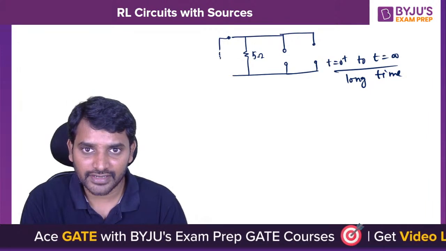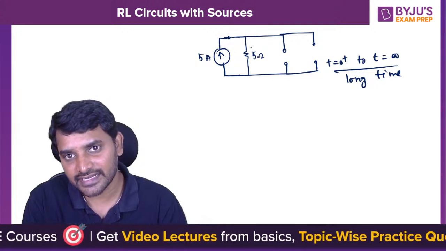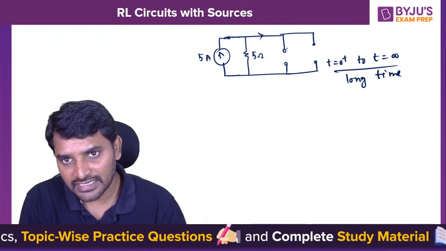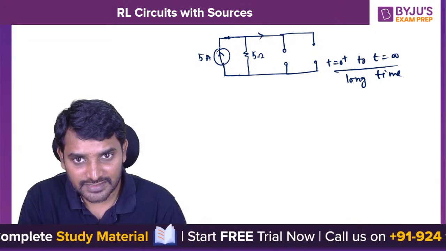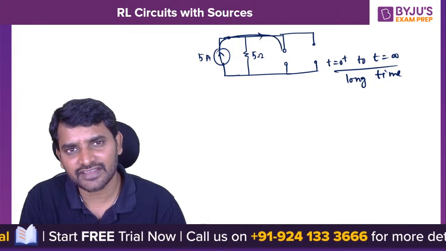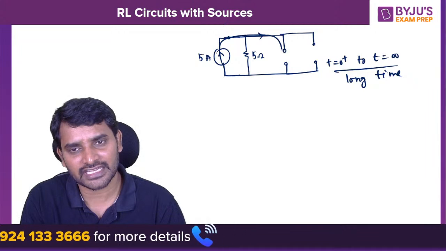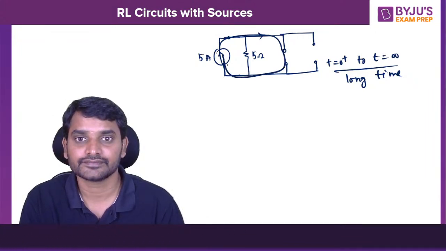Now the 5 amperes current source can drive current through the 5 ohm resistor, and also through the inductor. If the inductor is connected to the source, the source will drive the current not suddenly, but slowly, or exponentially, through the inductor. Yes or no?